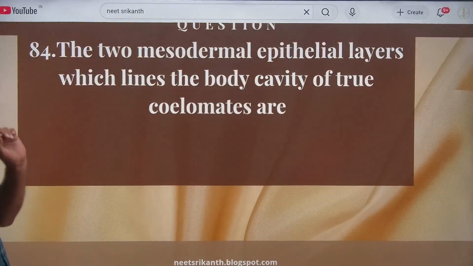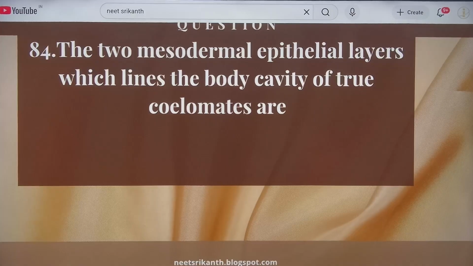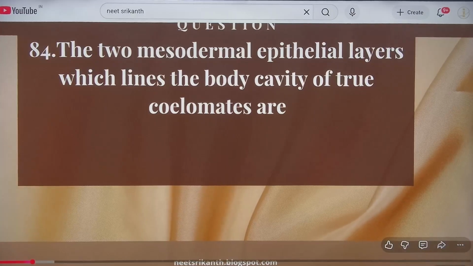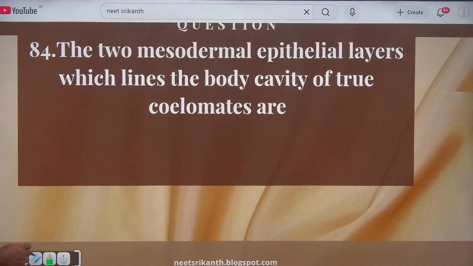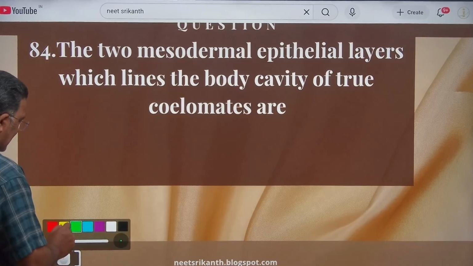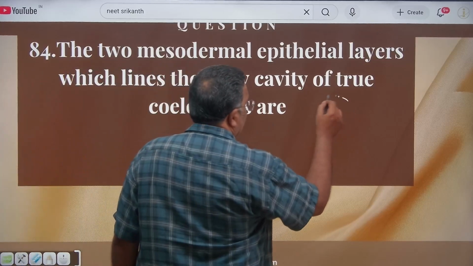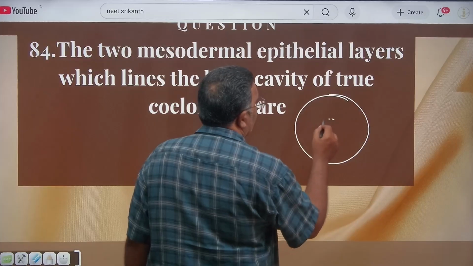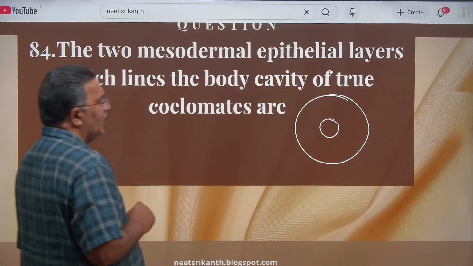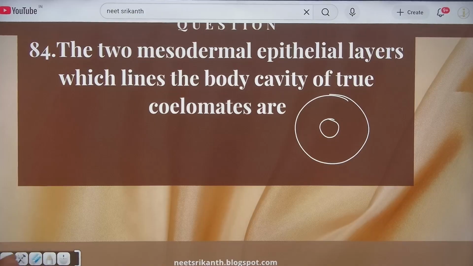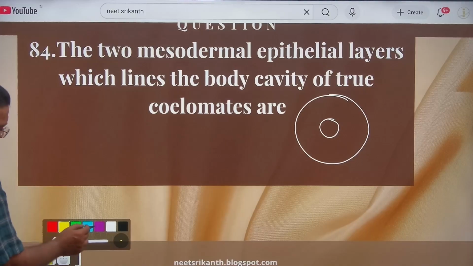The two mesodermal epithelial layers which line the body cavity of true coelomates are, this might not be registered in general, I will remind you once again, we learned this in the coelom topic. This is the body wall, this is the gut wall, ectoderm and endoderm. In the transverse section I said this thing is going to happen.